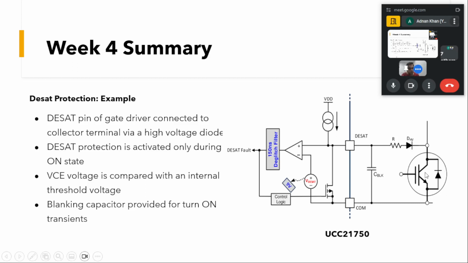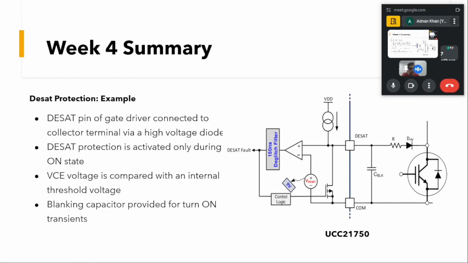Before turning on our device, the voltage across this device is very high, the full DC bus voltage, and that will reverse bias our diode. But as we turn on this device, this voltage will decrease, and there will be a point where this voltage will be greater than this 9 volt, and that can falsely trigger our DSAT protection during the turn on condition.